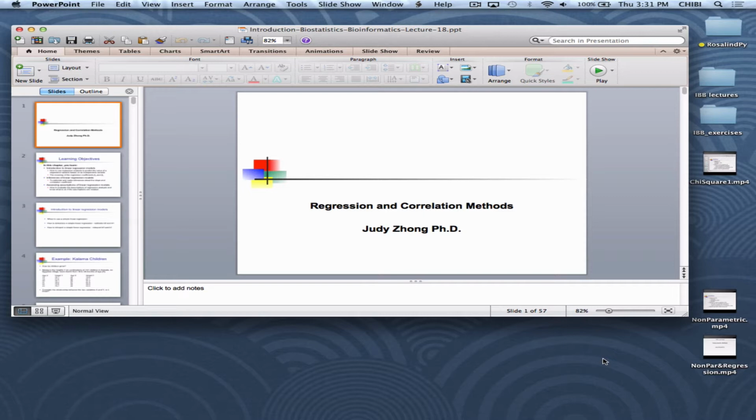For one population or paired two populations, the non-parametric test that you should consider is called the Wilcoxon signed rank test.